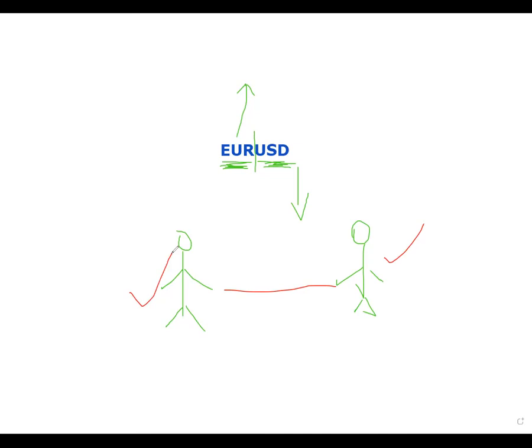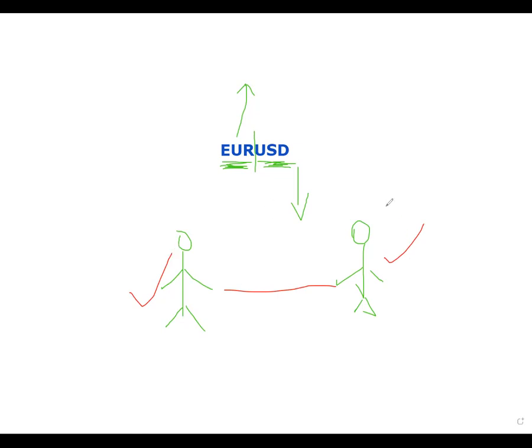So what happens when this game is at play? What is going to be the outcome of it? The outcome is that whoever becomes the strongest will end up pulling the other to his or her side.